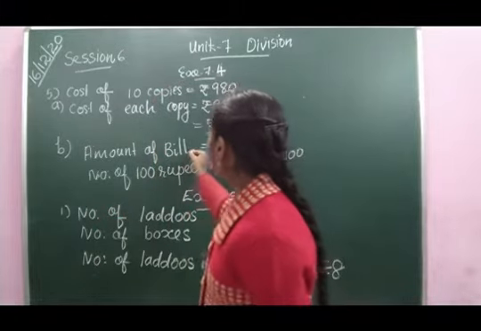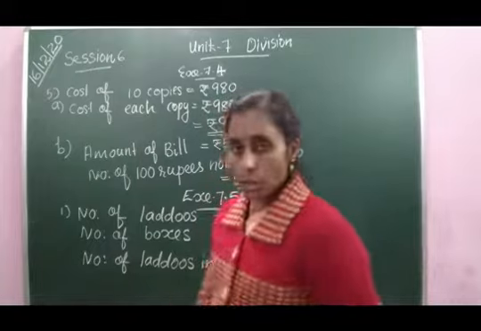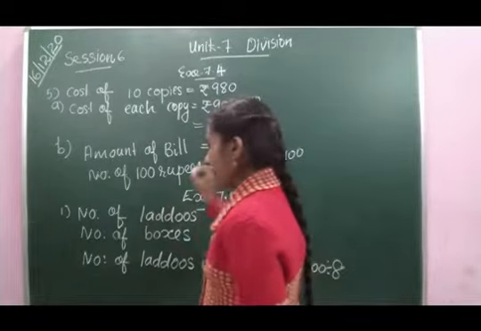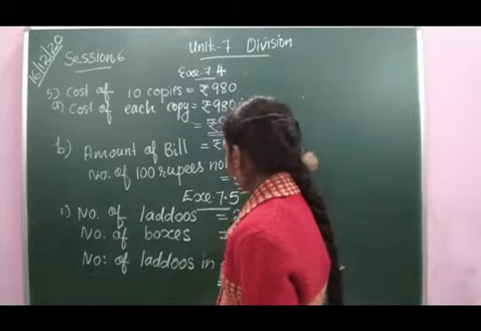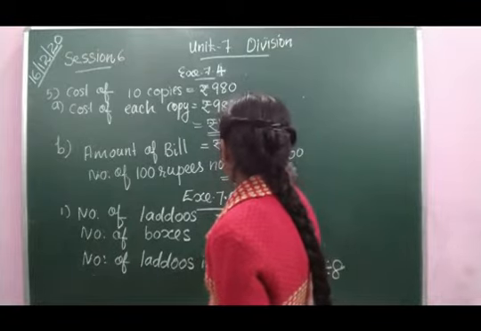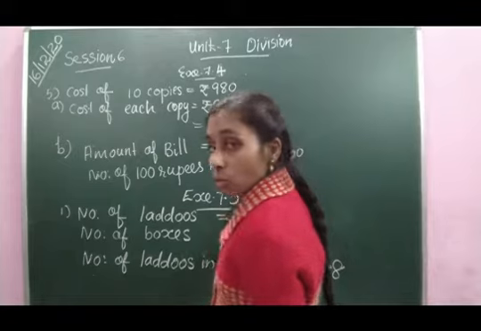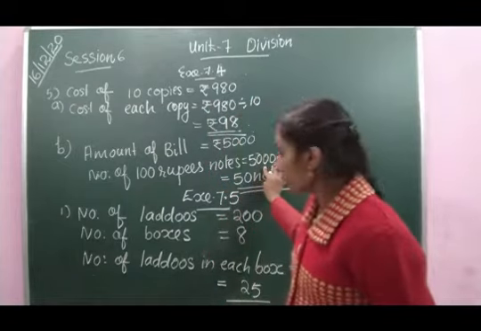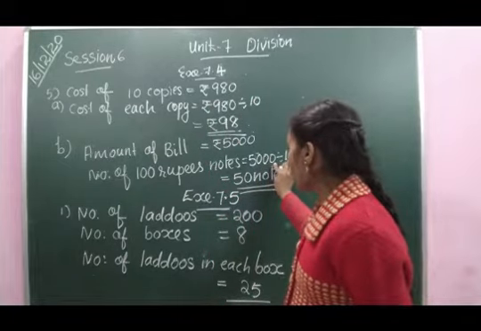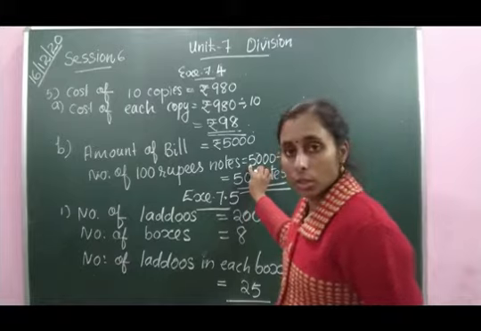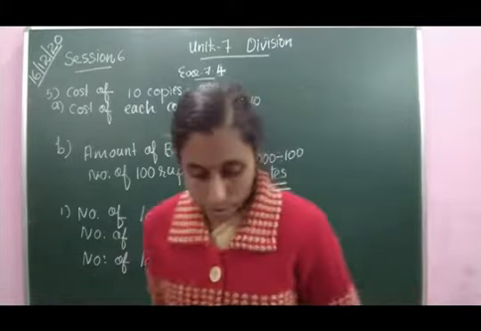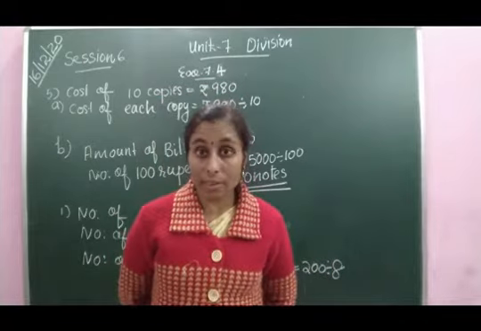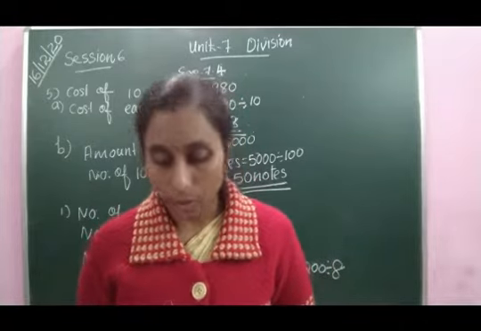Amount of bill, rupees 5,000. Number of 100 rupees notes: 5,000 divided by 100. For dividing by 100, the last two numbers are changed into remainder. That is 0. Then the rest of the number is changed into quotient. 50. 50 notes.